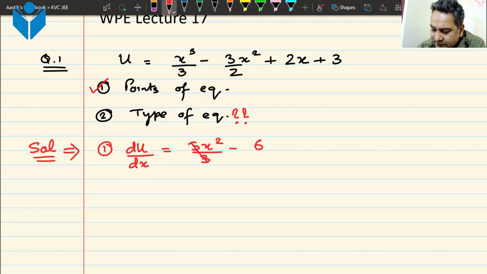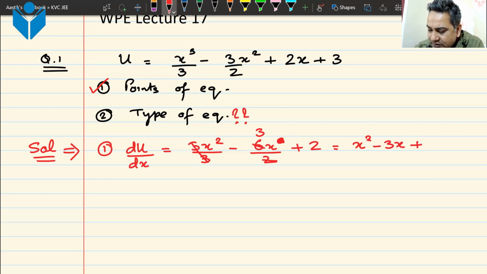Minus 6x by 2, so I'll have 3x. Plus 2. So basically I have the derivative as x squared minus 3x plus 2.